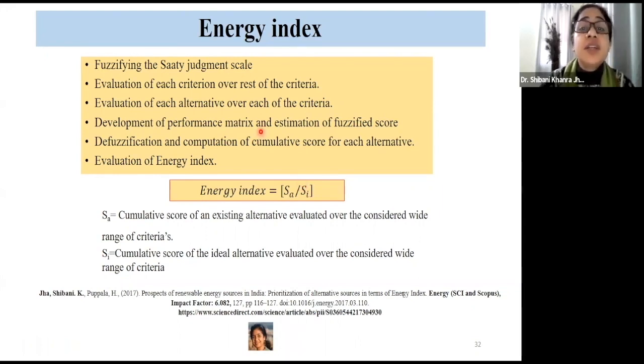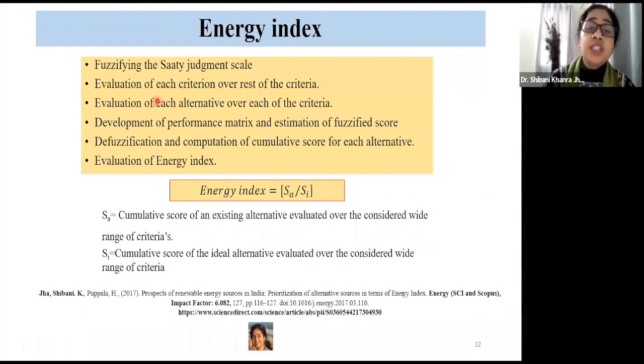So this energy index estimation has certain steps which can be followed to achieve it, starting from fuzzifying the SATI judgment scale, and then evaluating each criterion over the rest of the criteria. Because how important one criterion is compared to the other criteria is an important factor to be taken into consideration.